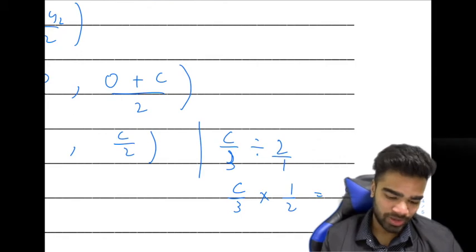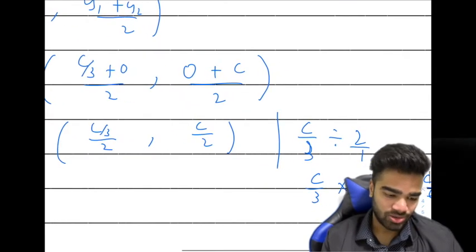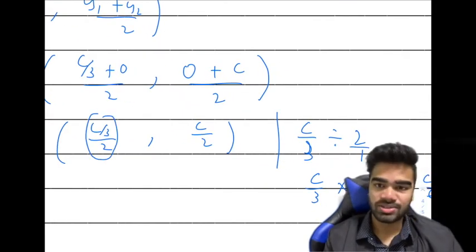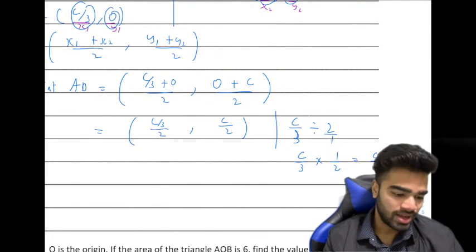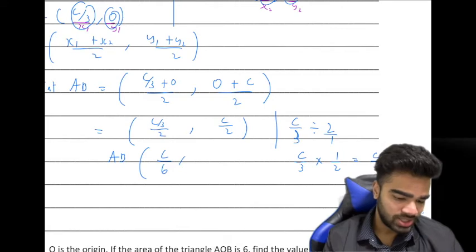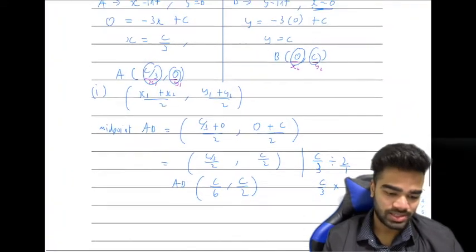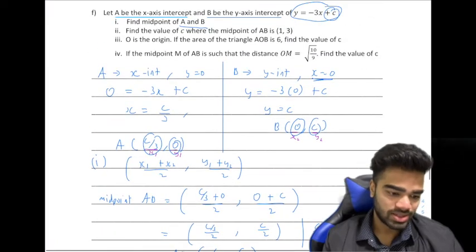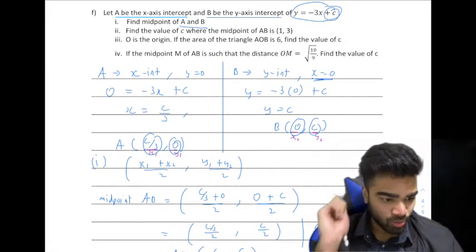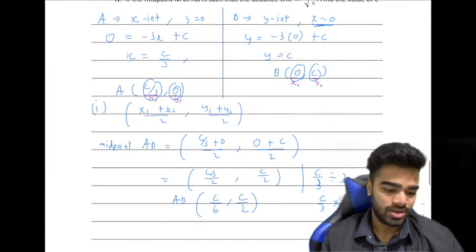If you multiply, this is going to be c over 6. So the midpoint of A and B is going to be c on 6 and c on 2. That's pretty much part 1, which is finding the midpoint. I hope you got that.